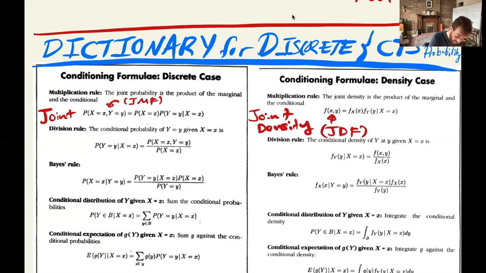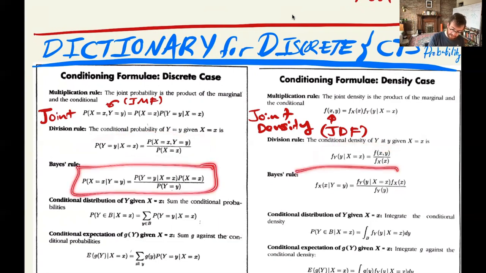We also have our formulas for conditional probability, which is essentially just the definition of how conditional probability works. And then, of course, we have the all-important Bayes rule, which is the thing we're going to look at now.